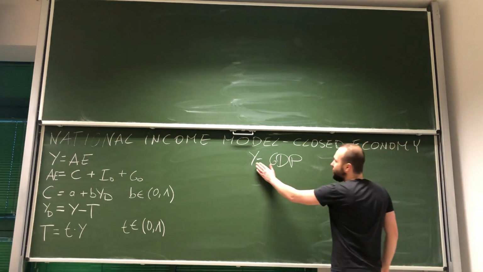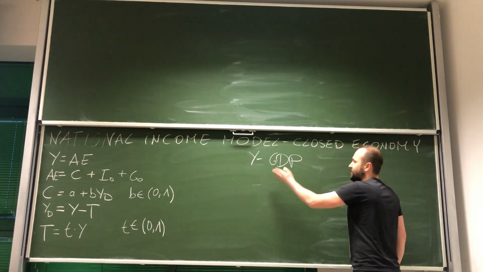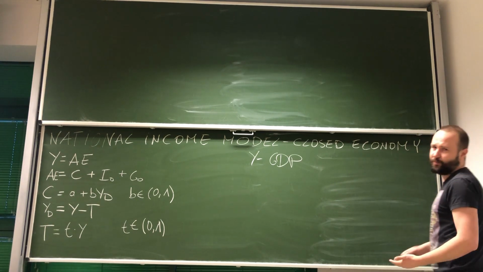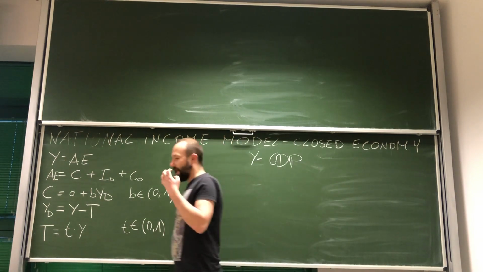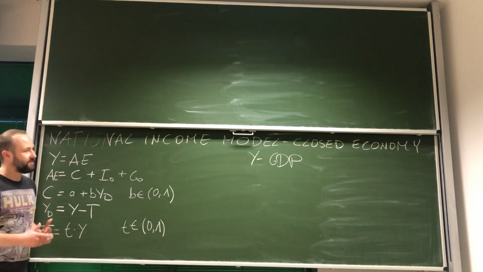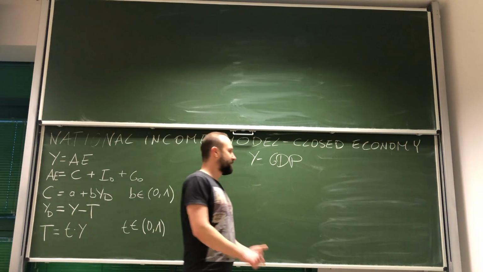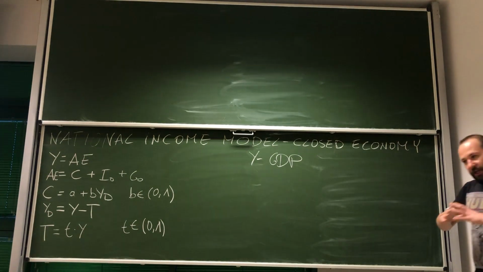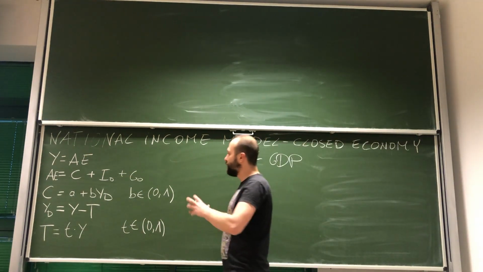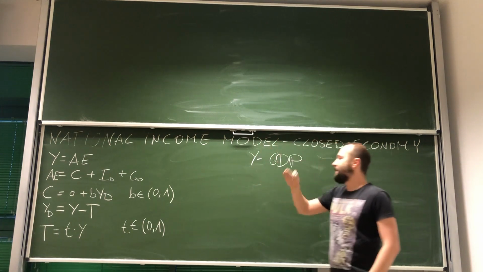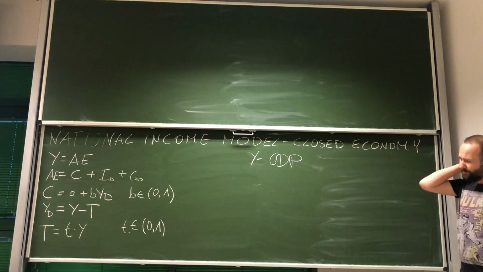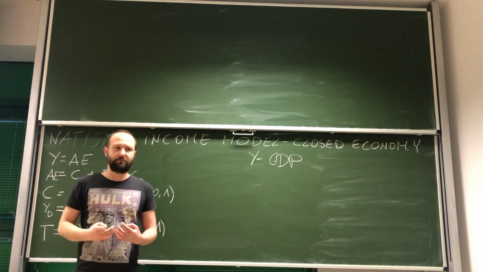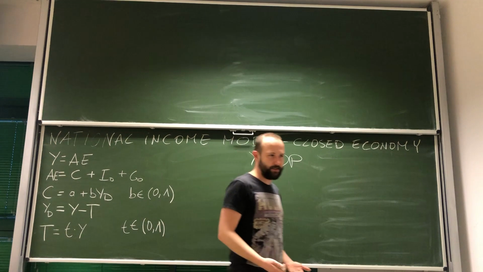So when you look at Y, so GDP, you can look at it from different perspectives. Again, this is something that you're going to be discussing in detail during macroeconomics class. Just let me explain one thing. Look, if we have the economy and we produced some amount of goods, then what is happening with the money that we got after selling these goods?